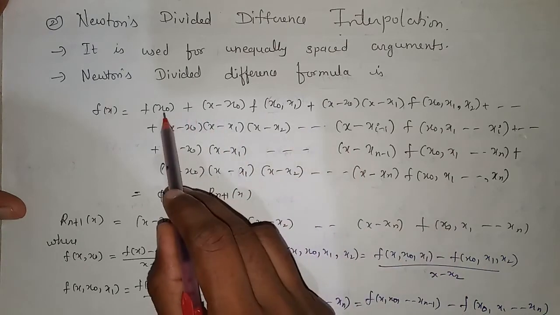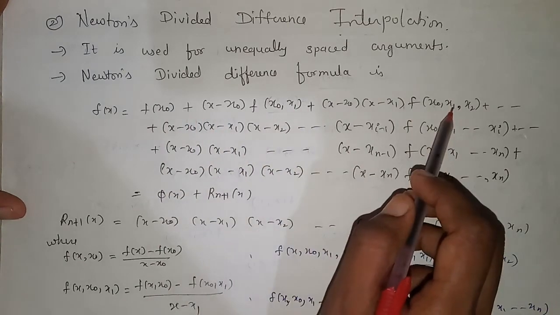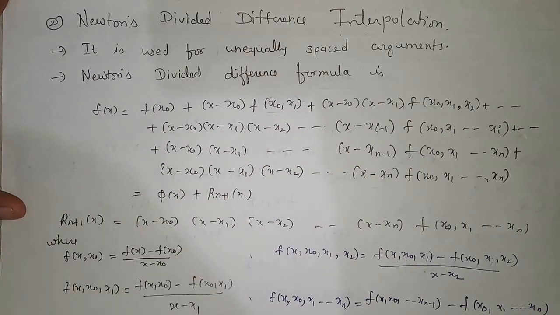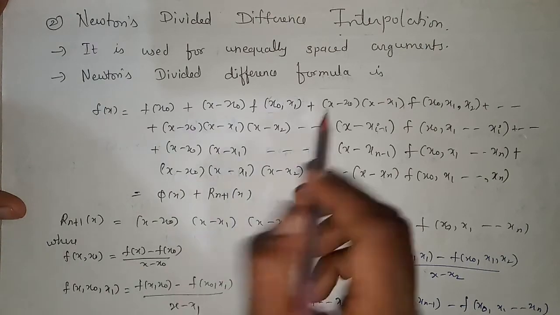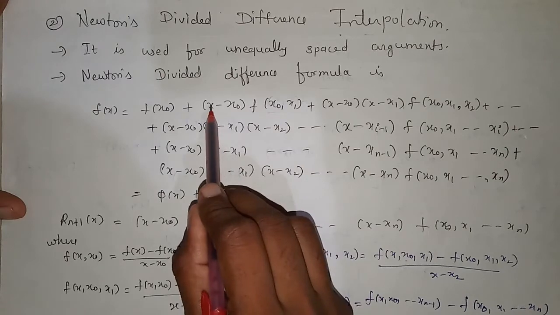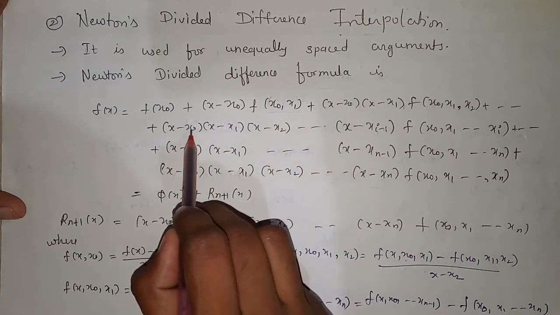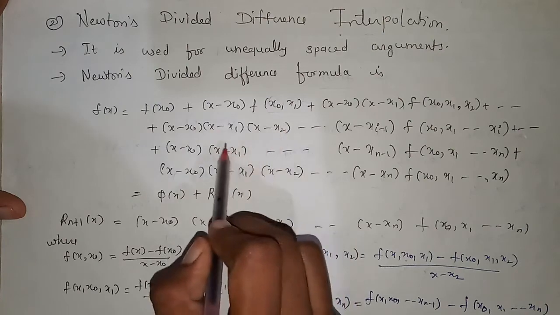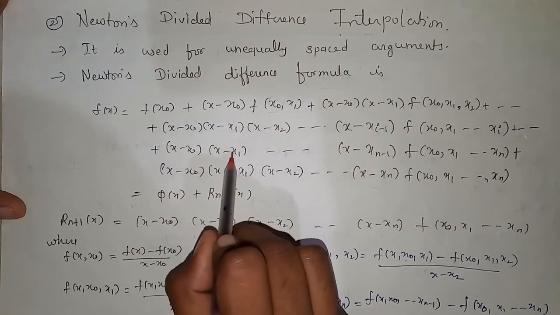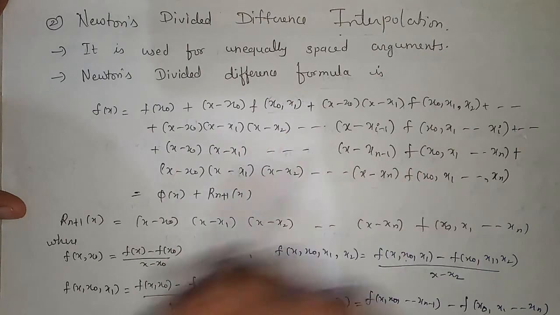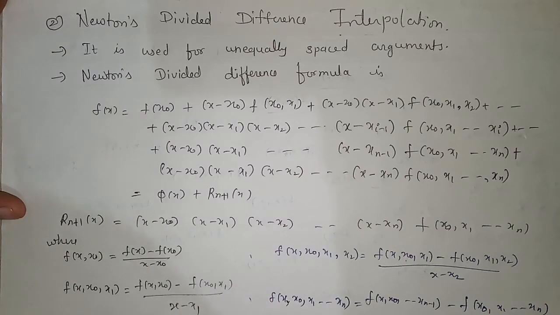So first there is only one, then here it is 2, here it is 3. So starting from 0 we are increasing every step one by one, and here we are subtracting only x0 from x, then x0 and x1, x0, x1 and x2, and so on up to x0, x1 up to xn minus 1. So this is the formula for Newton's divided difference.